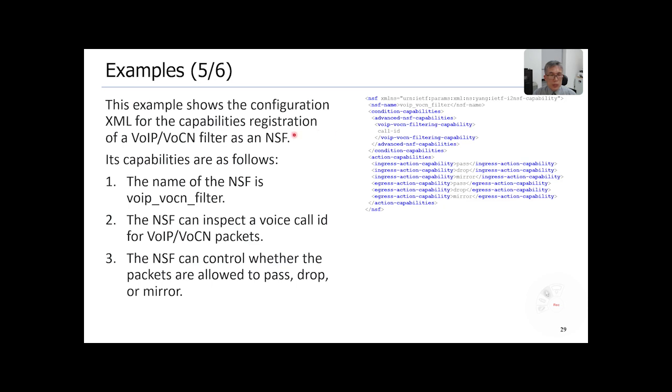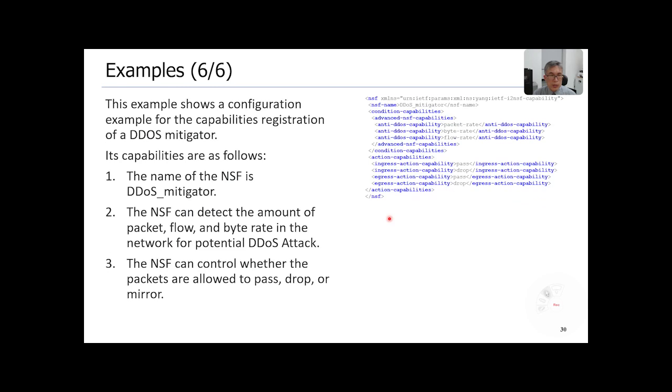And now we have a voice over IP service, voice over IP or voice over serial network for 4G LTE and 5G filtering. So NSF inspects the voice call ID, inspects some malicious user. NSF can control whether the packet is passed, dropped, metered, with ingress, egress actions.